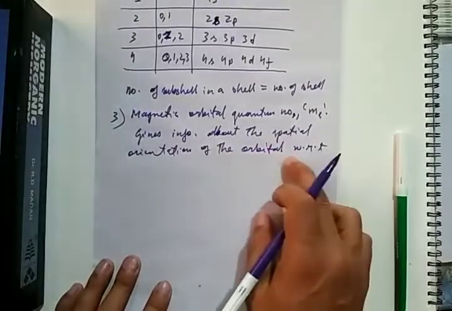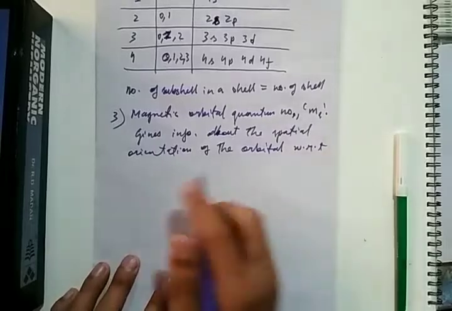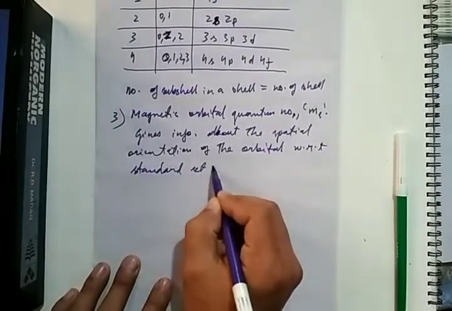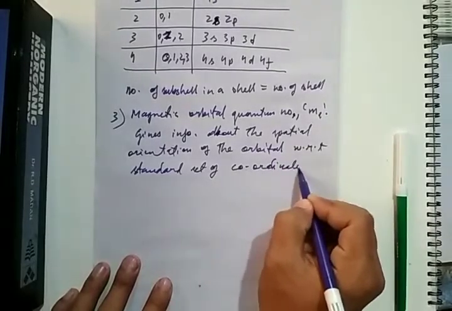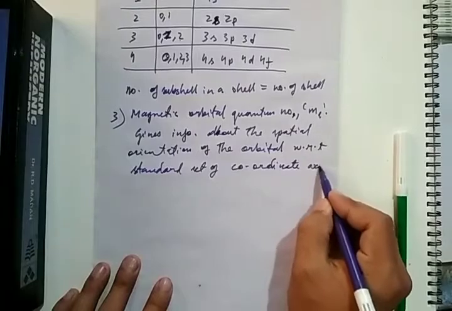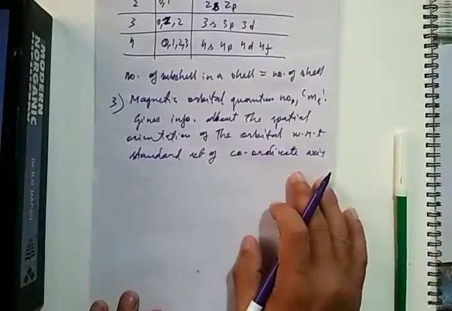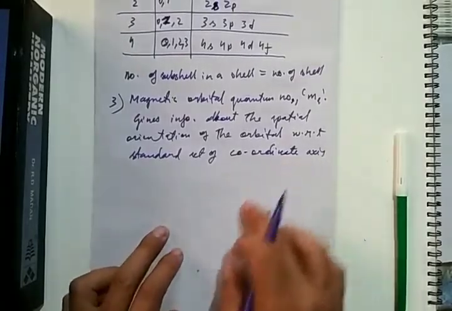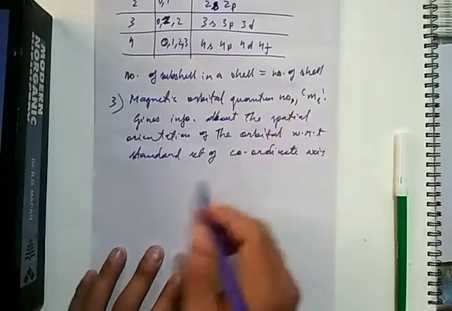So about the spatial orientation of the orbital, written in short form with respect to m. This will give the spatial arrangement of the orbitals, whether the orbitals are pointing towards the x-axis, y-axis, z-axis, like that.